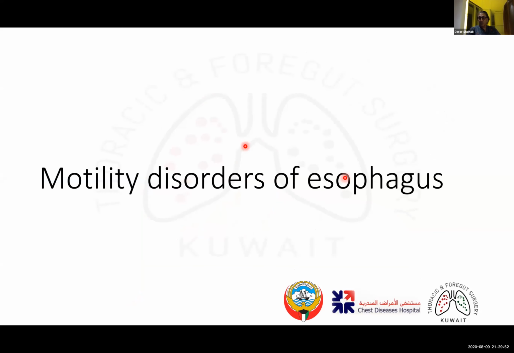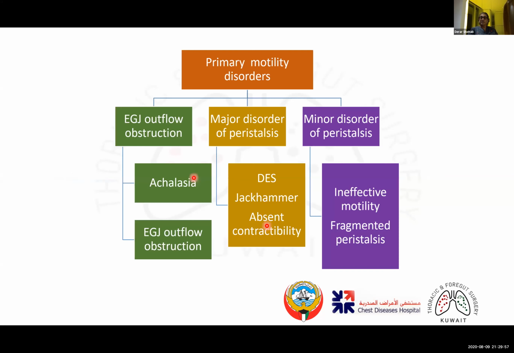Now, the last section of this review is motility disorders of the esophagus. The primary motility disorders of the esophagus have been divided into three major categories. The first one is esophagogastric junction outflow obstruction, like in achalasia.